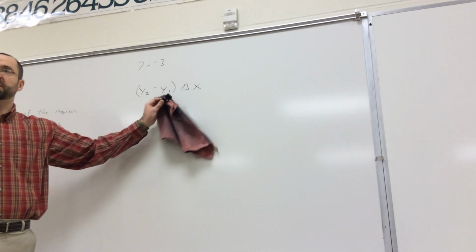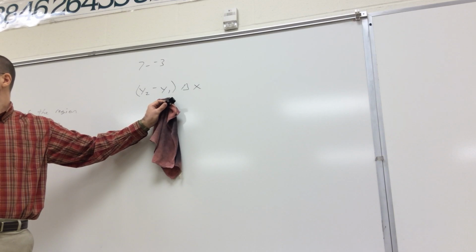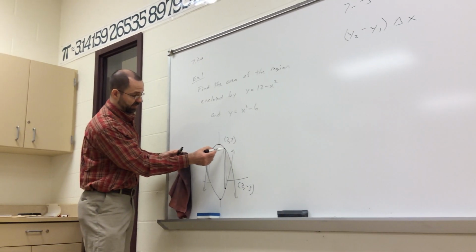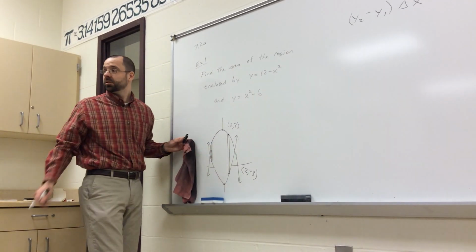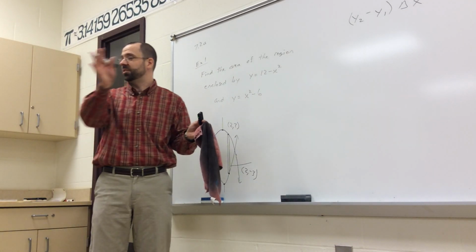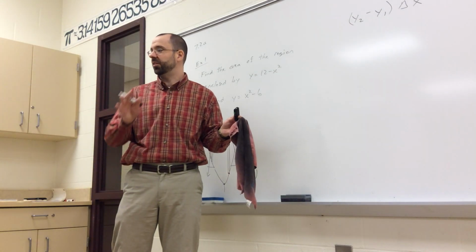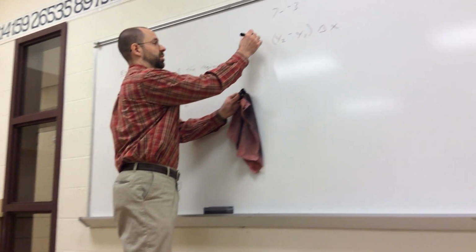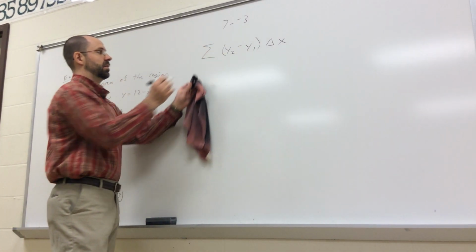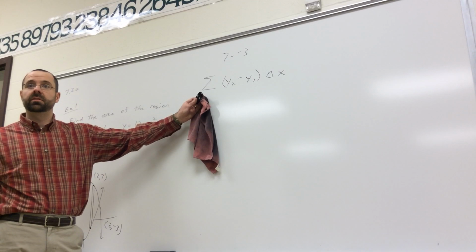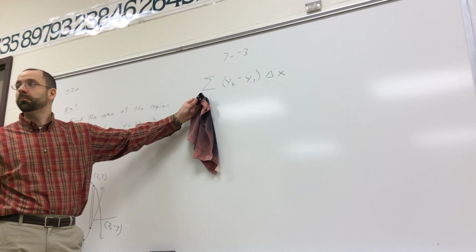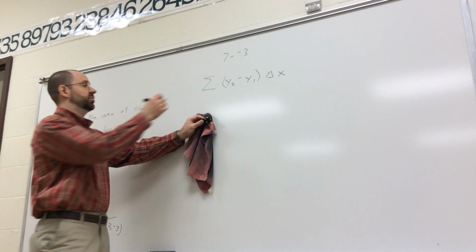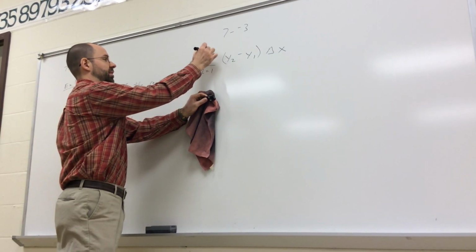So then when we multiply those together, we're getting the area of the rectangle. So that expression right there is the area of this rectangle here. But we've got a bunch of these rectangles all the way across our bounded region. So we need to add up a bunch of these. So the symbol for adding up a bunch of them is the summation symbol. And let's say we had n of them. So we're summing this from 1 to n.